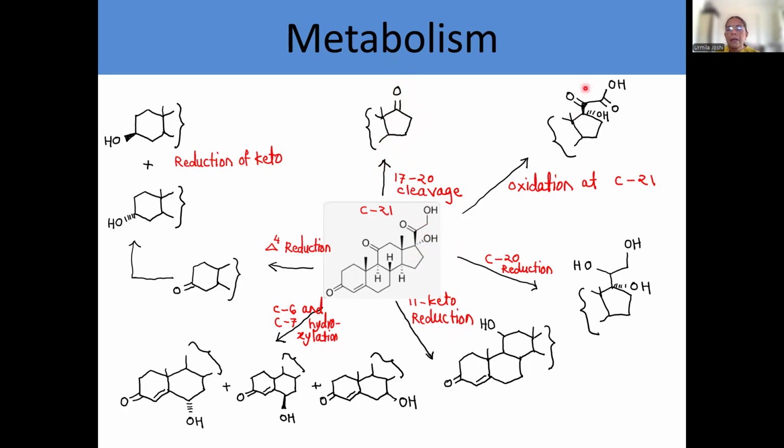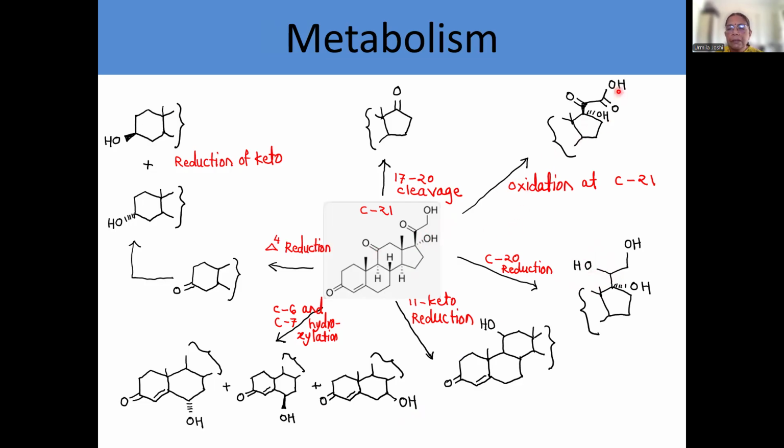Two more reactions remaining. If there is a keto group at C20, as in this steroid, this can get reduced to an alcoholic group. This alcohol can be alpha or beta. So, C20 alpha hydroxy or 20 beta hydroxy.